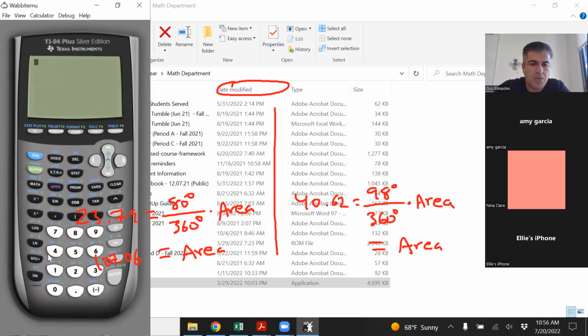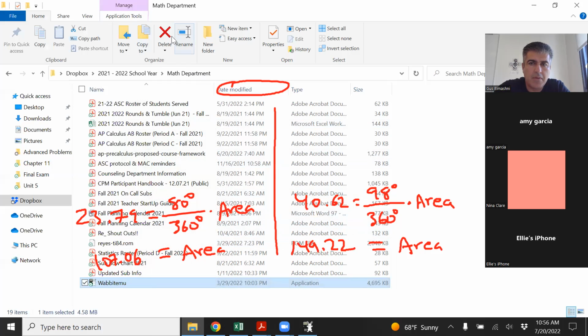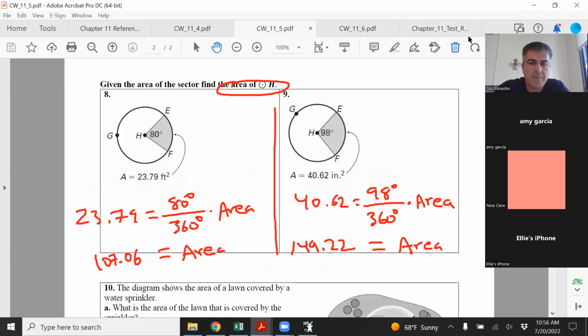And for the other one, you just do 40.62 divided by 98/360. And that's that. You get 149.22. And that's gonna be square feet, or square inches.